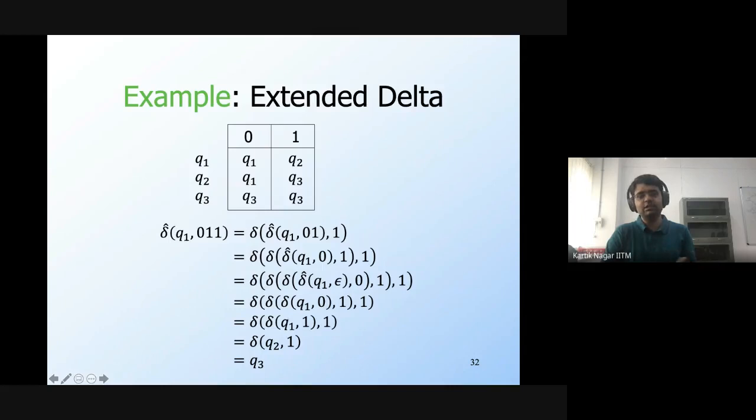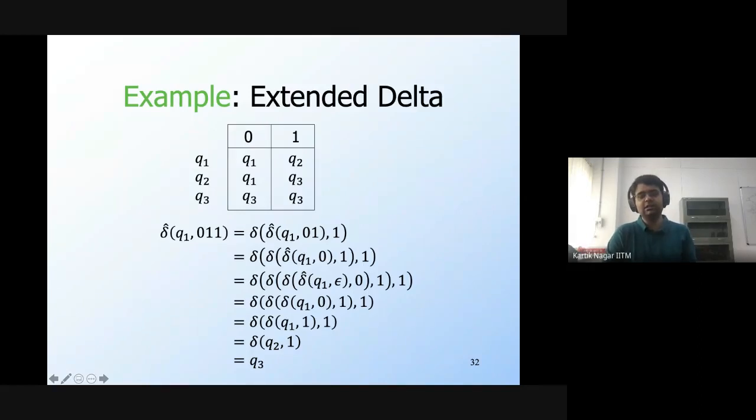The prefix will be 01, and the suffix must consist of a single symbol, which in this case is 1. So we first calculate delta hat of Q1, 01, and then on the resulting state, we apply delta with the argument 1. So this will be delta of delta hat of Q1, 01, 1, and we keep on doing this recursively. In order to calculate delta hat of Q1, 01, you apply delta hat on Q1, 0, and so on. If you keep on applying this definition recursively, finally you will end up in the state Q3. So delta hat of Q1, 011 will be equal to Q3.